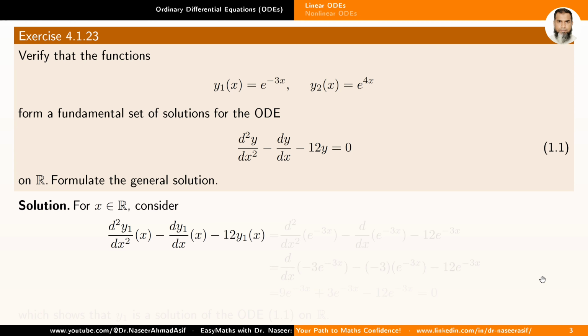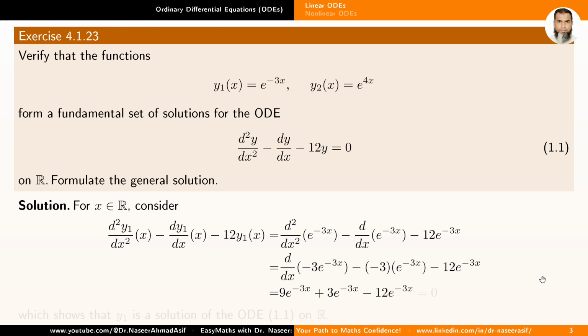Let's see the solution. For x belonging to R, consider d2y1 by dx square of x minus dy1 by dx of x minus 12y1 of x, which is equal to d2 by dx square of exponential of minus 3x minus dy by dx of exponential of minus 3x minus 12 exponential of minus 3x, which is equal to d by dx of minus 3 exponential of minus 3x minus minus 3 exponential of minus 3x minus 12 exponential of minus 3x, which is equal to 9 exponential of minus 3x plus 3 exponential of minus 3x minus 12 exponential of minus 3x, which is equal to 0.